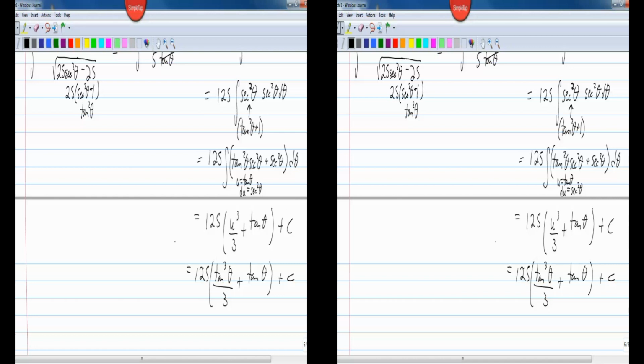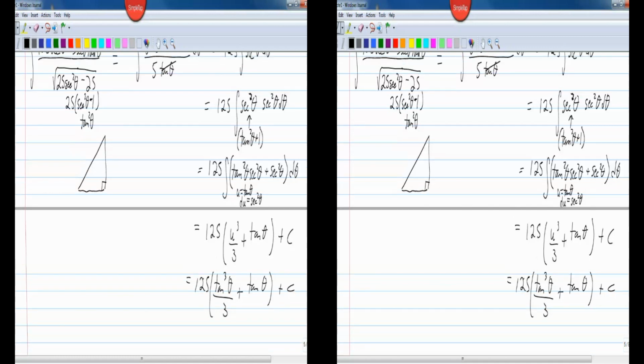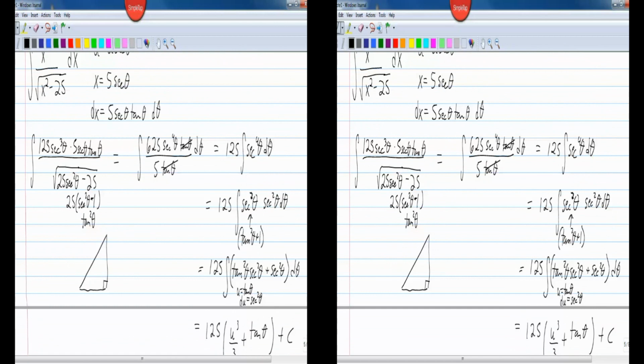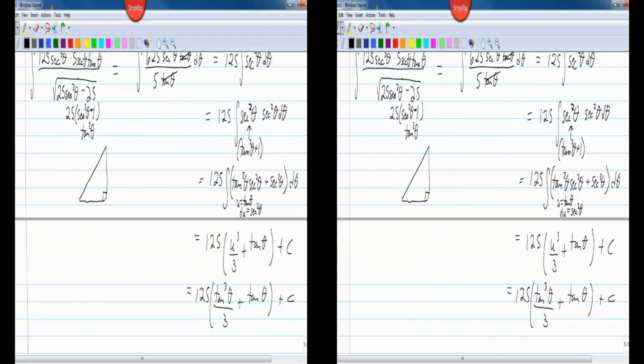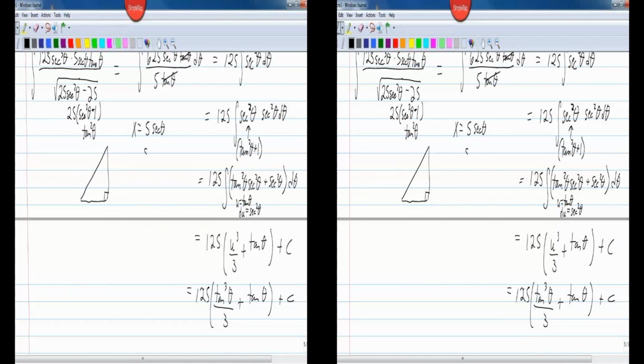Alright, so now we need to make a right triangle, and here's the key to making the triangle, this right here. X equals 5 secant theta. If x equals 5 secant theta, then secant theta is equal to x over 5. Now what is secant in terms of right triangle trigonometry? Remember, that's the reciprocal of cosine.